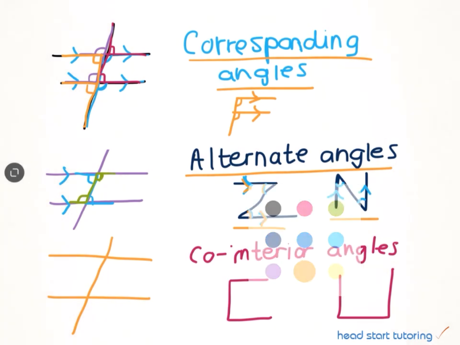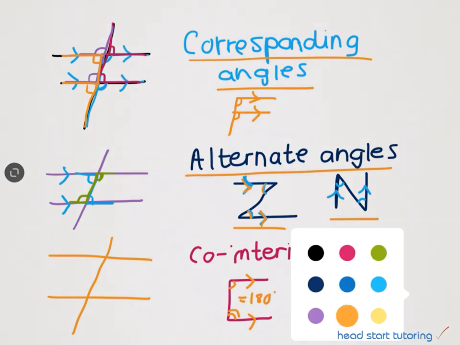So if these sides are parallel to each other, these angles here will not be equal, but they will add up to 180 degrees. So if these two lines are parallel, these interior angles will not be equal. They will add up to 180 degrees.